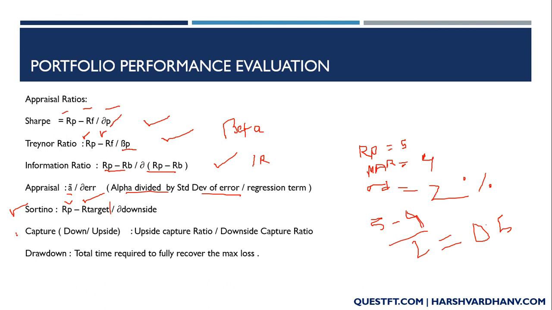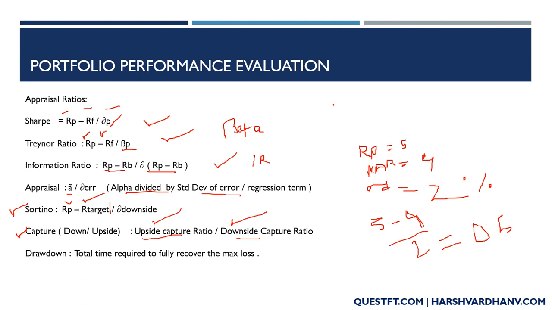Capture ratio is basically to understand how your fund manager has performed when the market was moving up, and how your fund manager has performed when the market was moving down. It is the upside capture ratio upon the downside capture ratio. The formula for the capture ratio becomes very important over here.